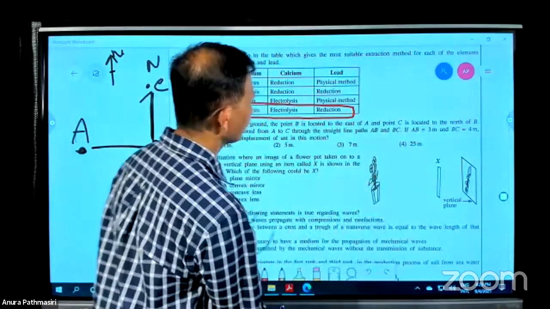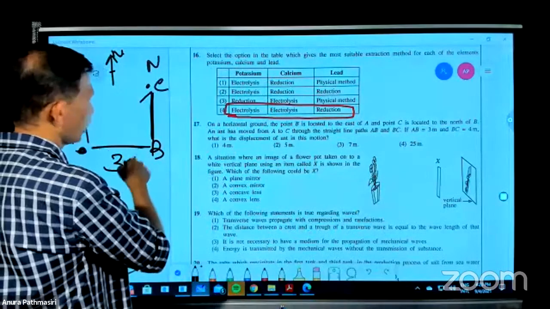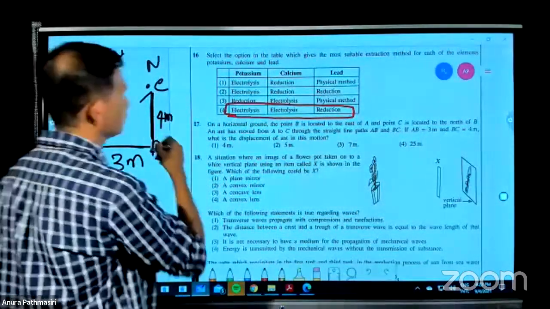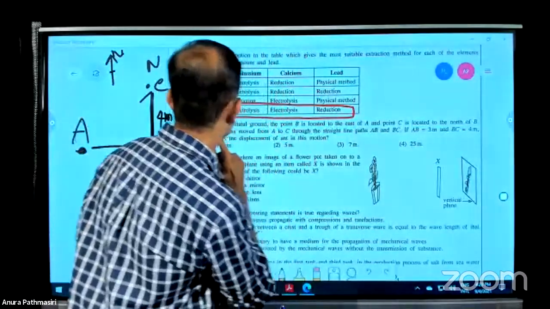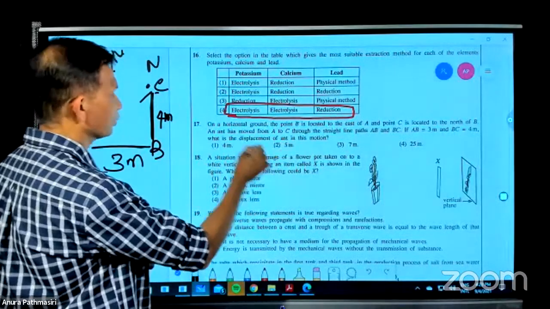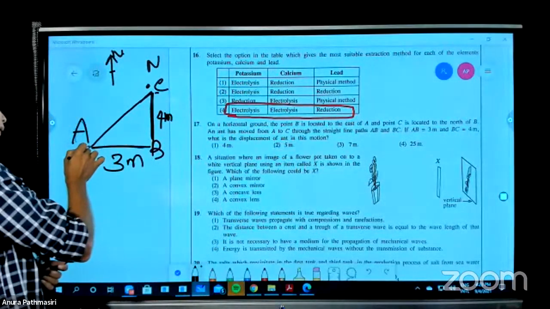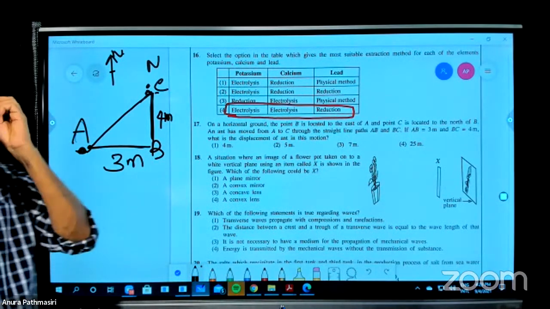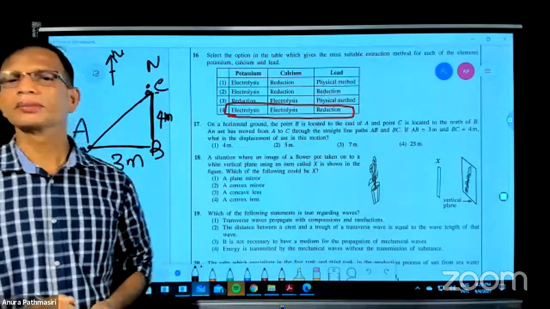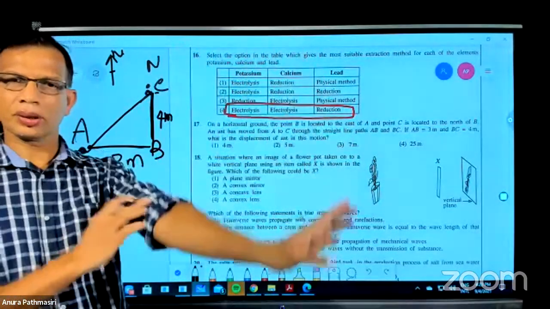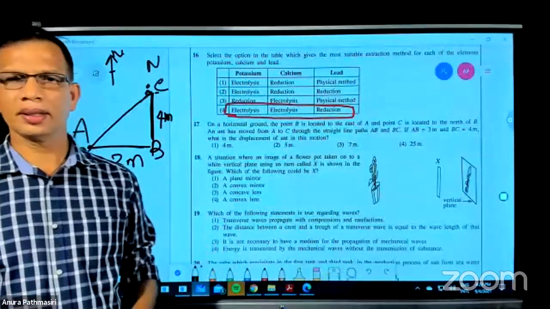If AB is 3 meters and BC is 4 meters, you can have the displacement of the ant. Then you have to find out the path over here. What is the answer? 5 meters. Pythagoras. Ask Pythagoras to come here and find the answer.